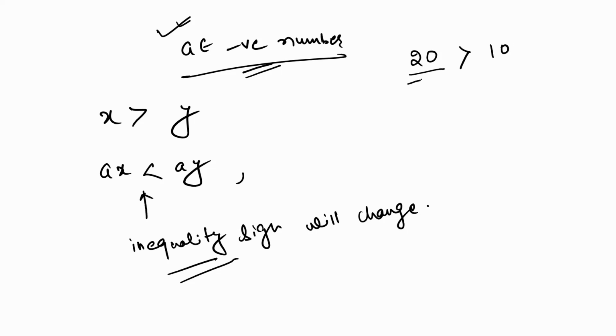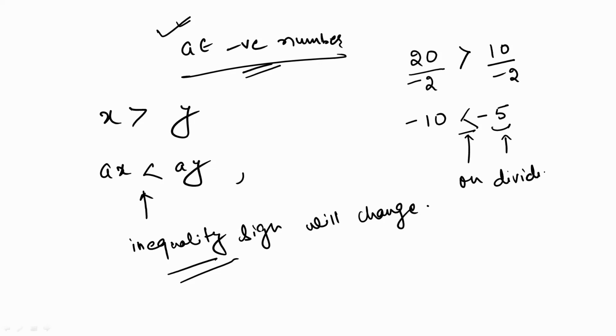Now you are dividing by minus 2. This becomes minus 10 and this becomes minus 5. So again the inequality sign will change. So the inequality changes only when you are dividing or multiplying by a negative number.